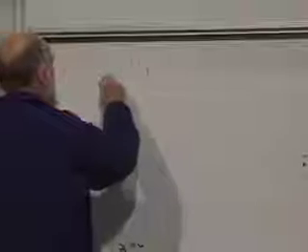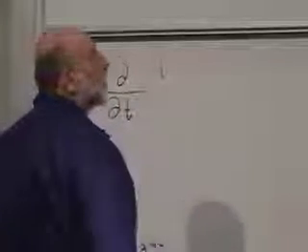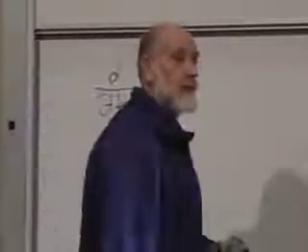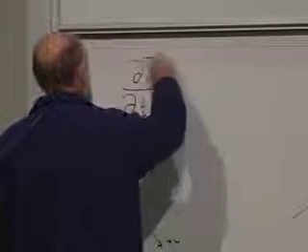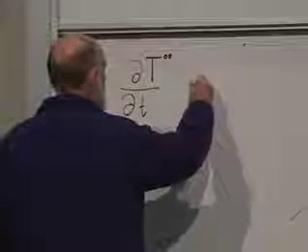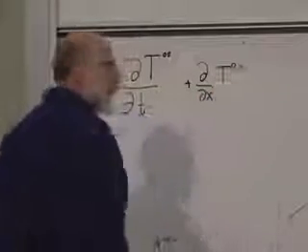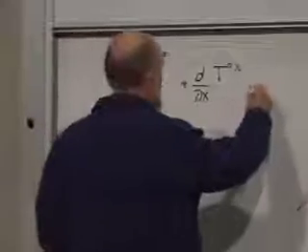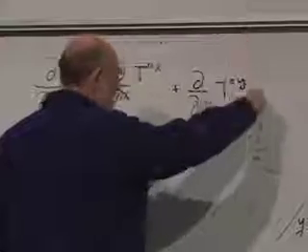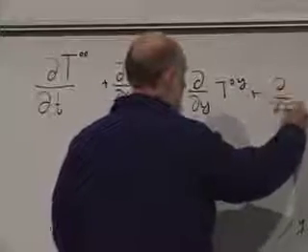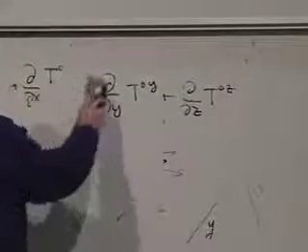It will say the derivative with respect to t of the energy density plus the derivative with respect to x of the flow along the x-axis plus the derivative with respect to y of T0y. I'm getting tired of writing them, but you see the pattern. I guess we could call these 1, 2, and 3.